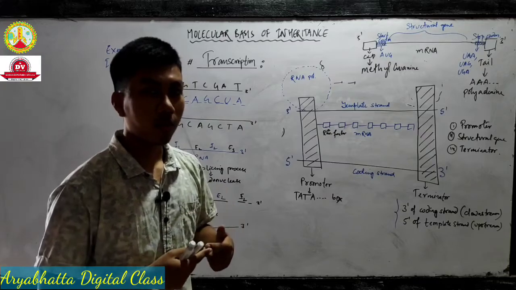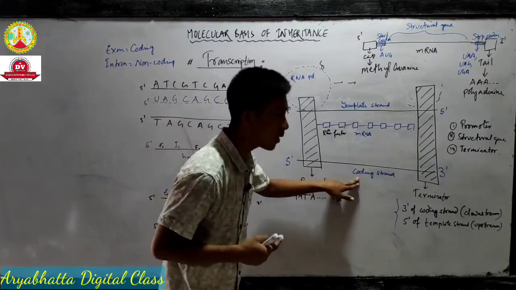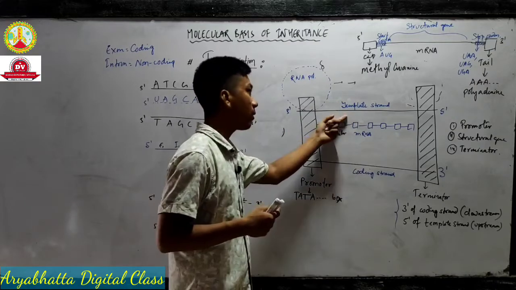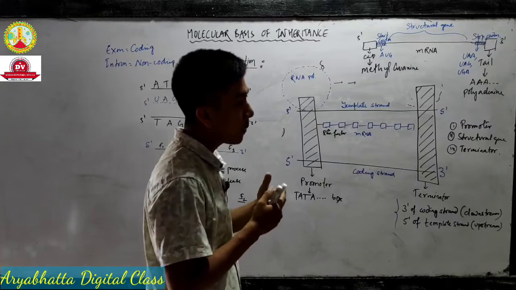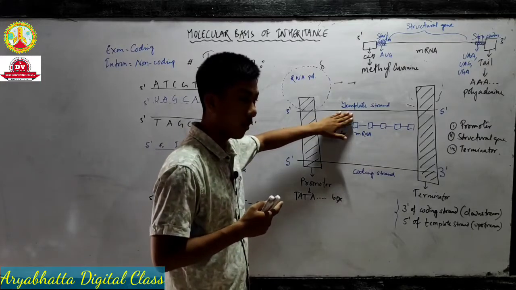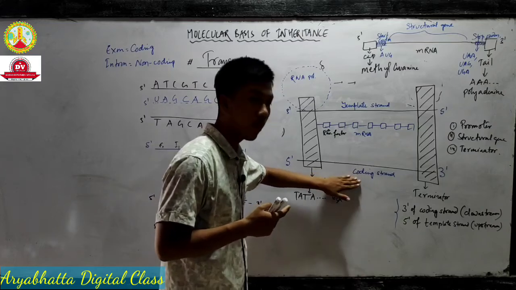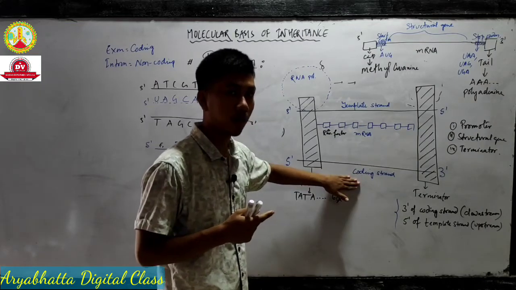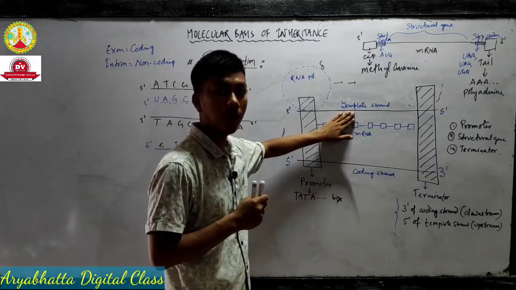The strand which gives the information to mRNA, we call the coding strand, and the other strand becomes the template strand. Now mRNA will make a bond with the template strand to get the coding strand's sequence. It doesn't make a bond with the coding strand. Okay, remember that. mRNA is going to make a bond with the template strand.